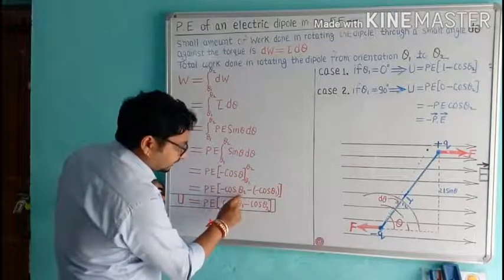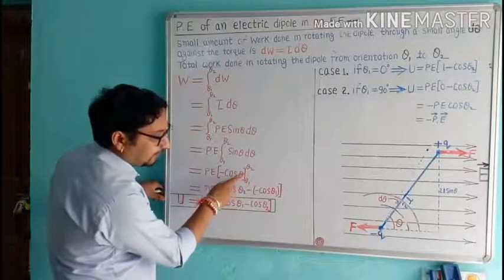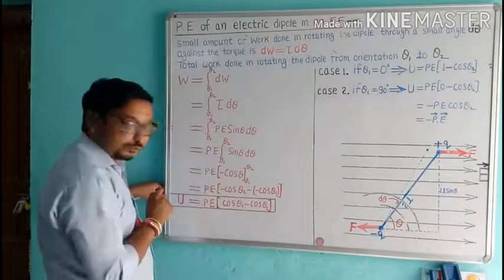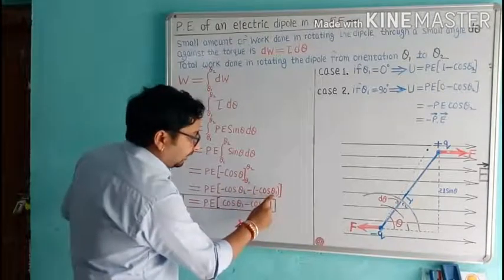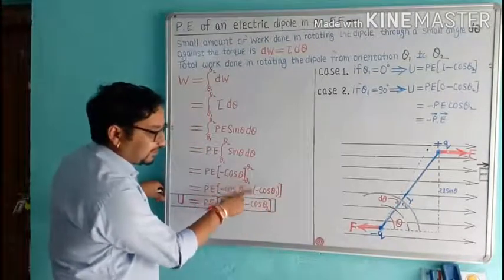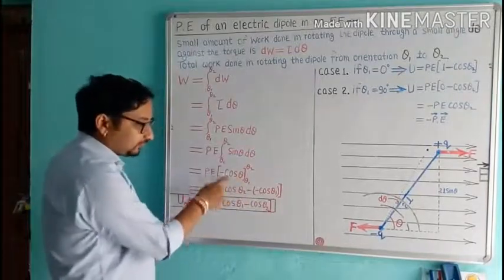Now first replace theta by theta 2, then use a minus sign, then again write this, but this time replace theta by theta 1. In this way we solve this.